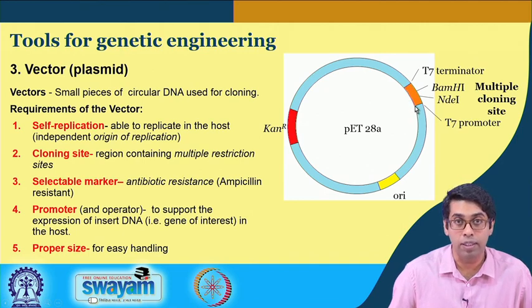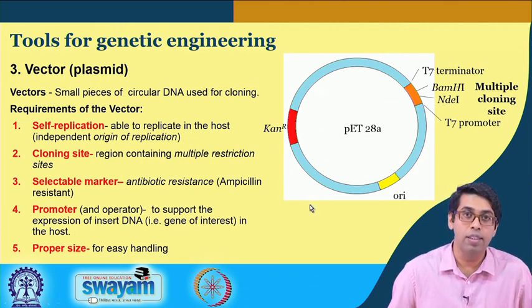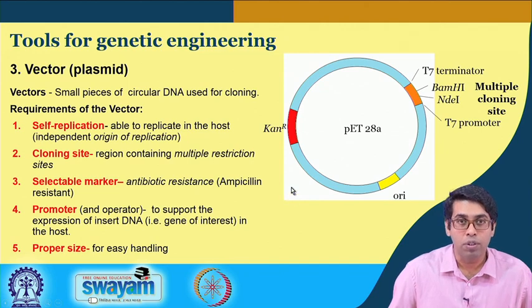So, we need some way of selecting those bacterial cells which have this vector from those bacterial cells which do not have this vector. So, these are the two types, and how do you do that? You want to select bacterial cells which carry this vector which has your gene of interest from bacterial cells which do not carry this vector.